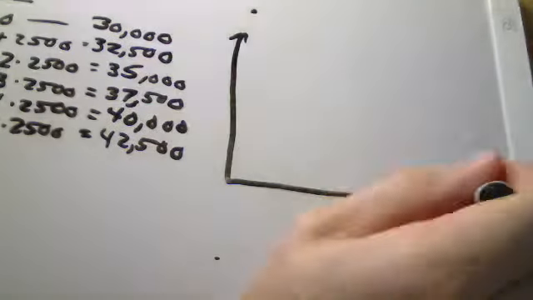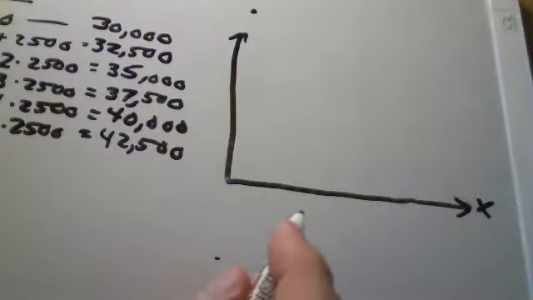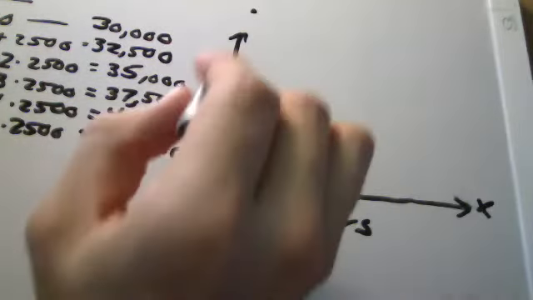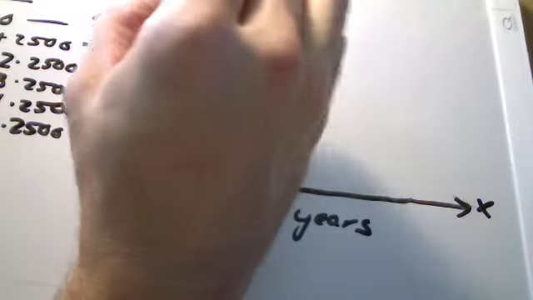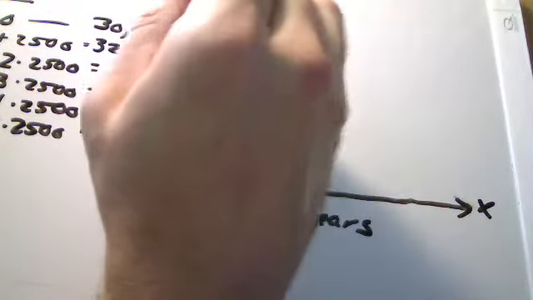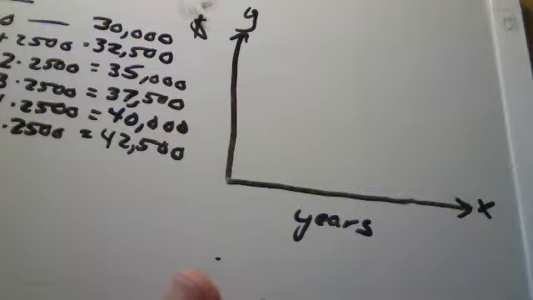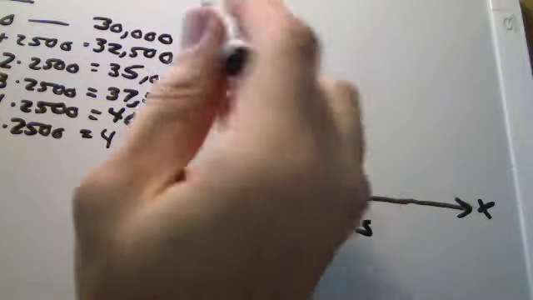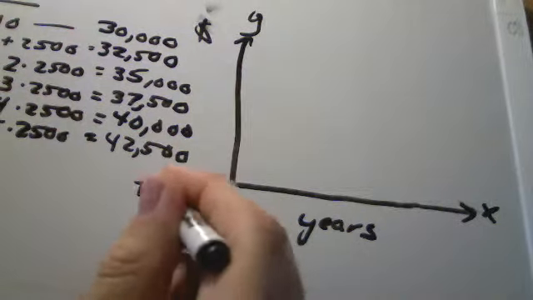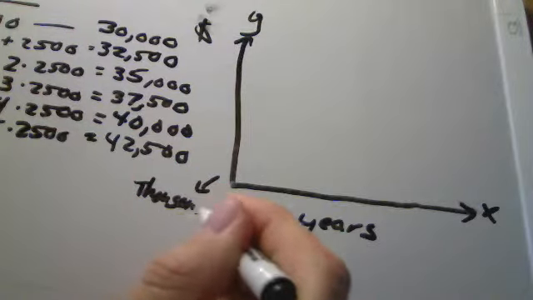So let's write down that this is my x-axis, which is my years. And this axis right here is my y, which is my money. Since it's in the thousands, we can write down that this is in the thousands, not the years, the money.